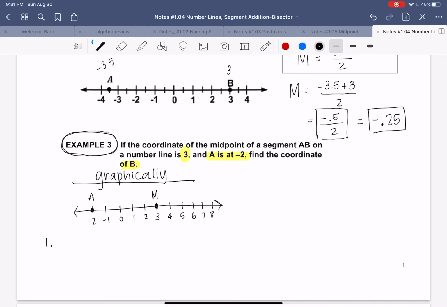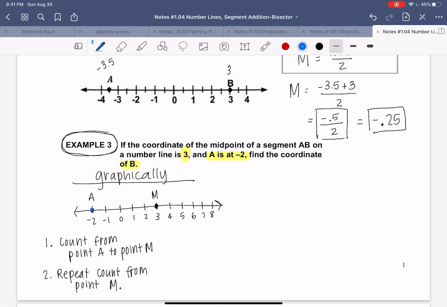Okay, so how you solve it graphically is just step 1, count from point A to point M. And then your second step is to repeat the count from point M. Okay, so what I mean by that is I'm going to start at one of my endpoints.